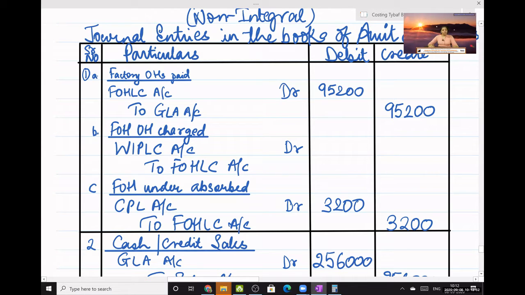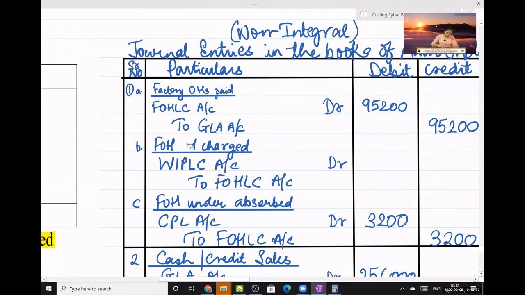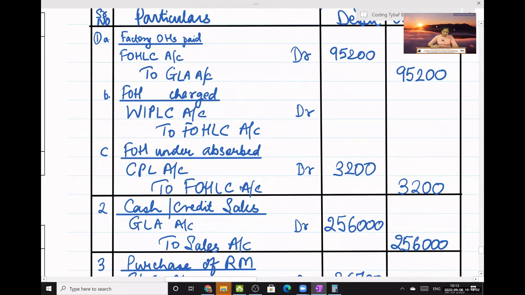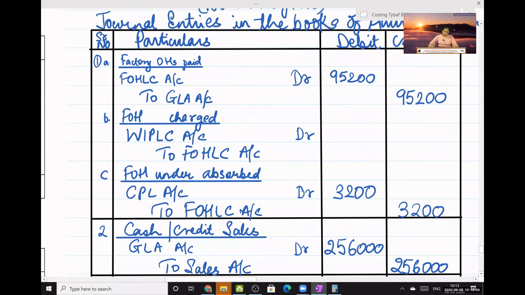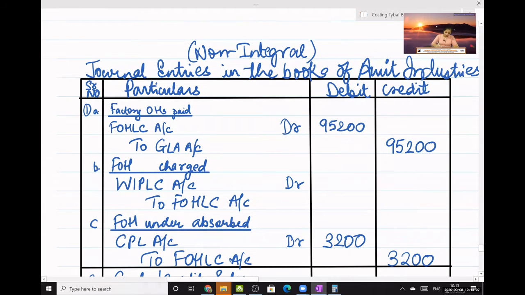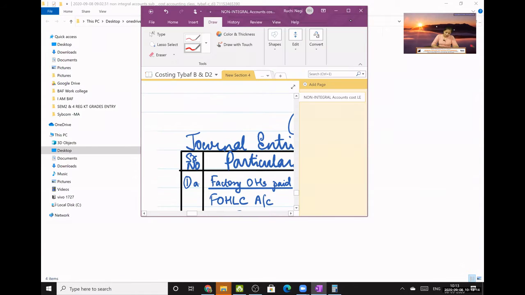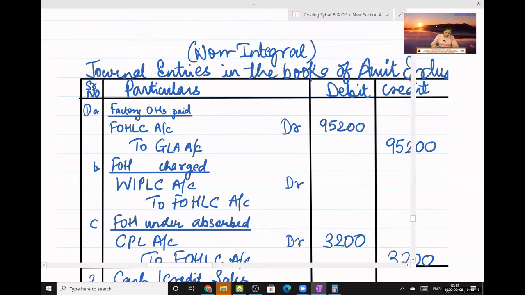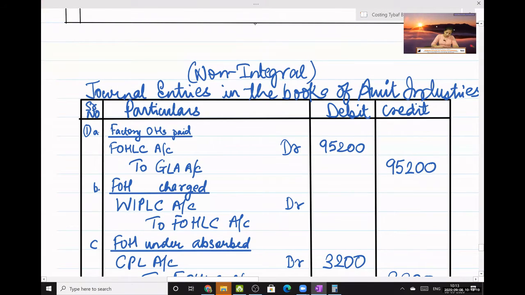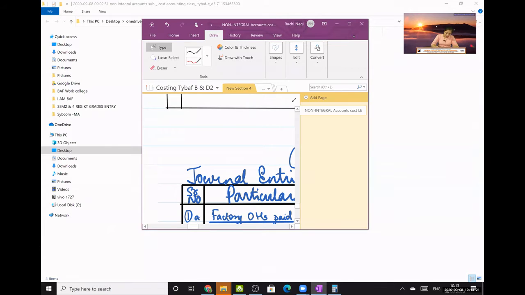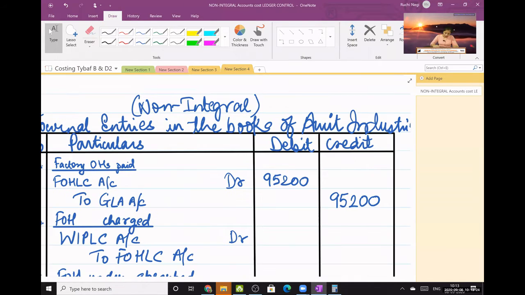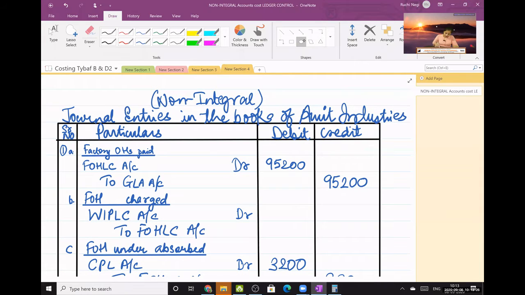Then charge FOH, factory overheads charged. Next, journal entries WIP to FOH. So what is the twist?